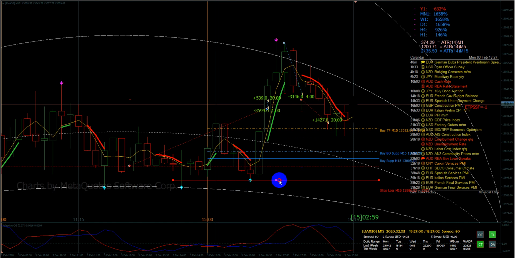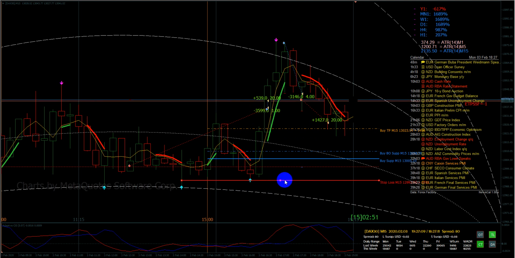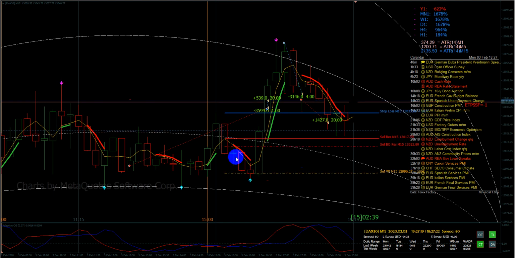In the worst scenario, if I had left my stop loss at this point right here, then I would have lost about 15 pips right there. So yeah, and the next opportunity, this one was also an opportunity to get in on a short right here after this price action.